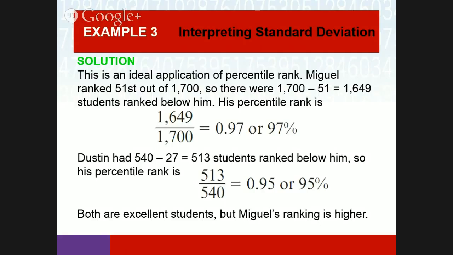Being 51 out of 1,700 is a lot bigger deal than being 27 out of 540. So this is a good application of percentile rank within comparing two data sets.